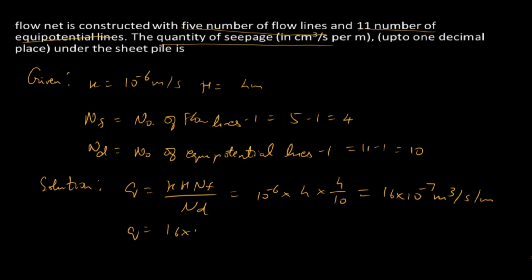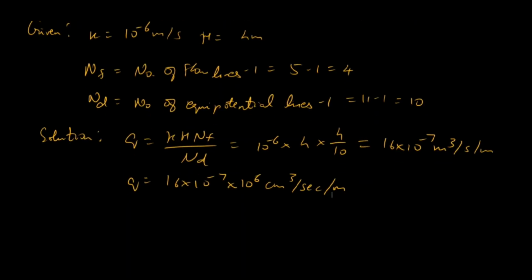Q equal to 16 into 10 to the power minus 7 into 10 to the power 6 centimeter cube per second per meter. Therefore, Q equal to 1.6 centimeter cube per second per meter length of dam.